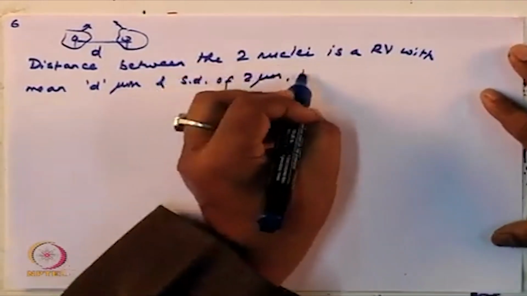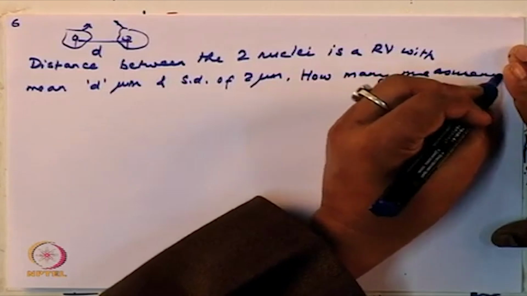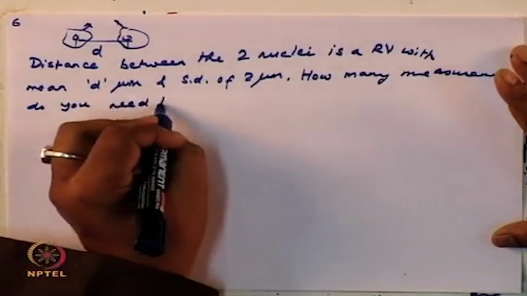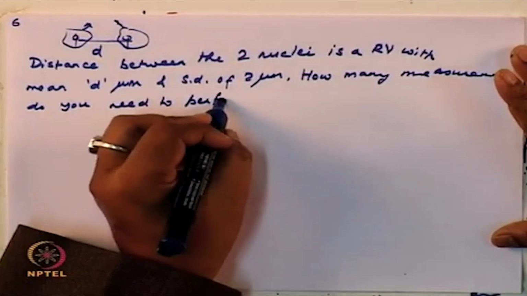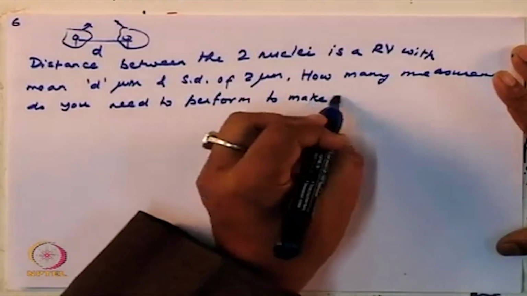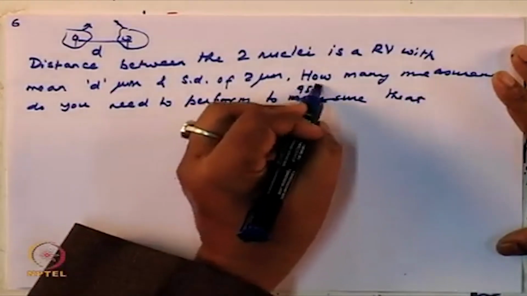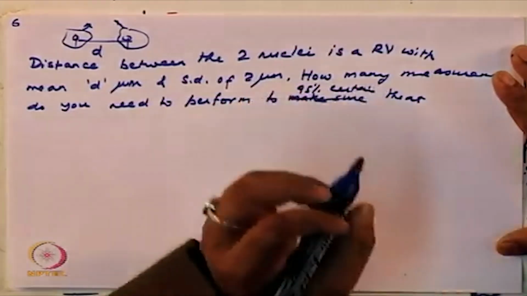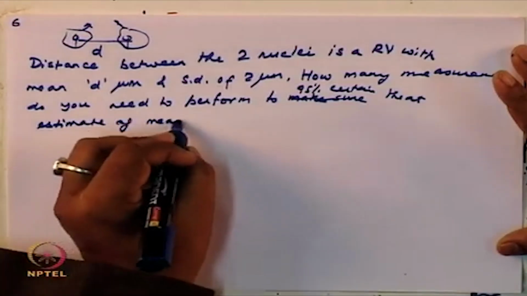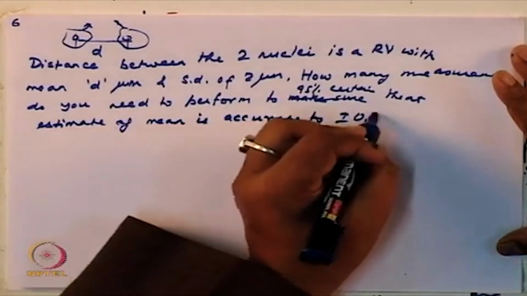So, the question is as follows: how many measurements do you need to perform to make sure to be 90%, 95% certain that the estimate of the mean is accurate to plus minus 0.5 microns.